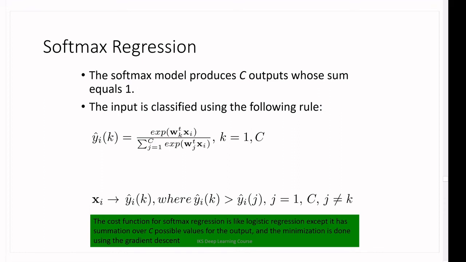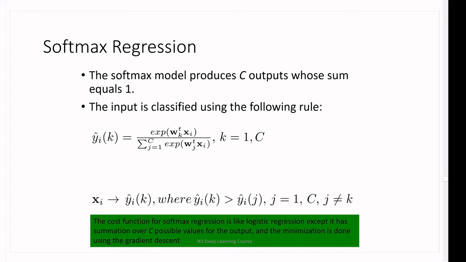With this, one can define a classification rule where a given input x sub i is assigned to class k, where y i hat k is greater than y i hat j for all j from 1 to C except j not being equal to k.